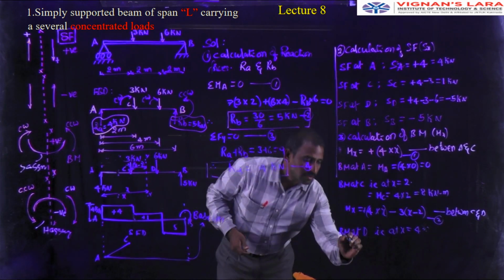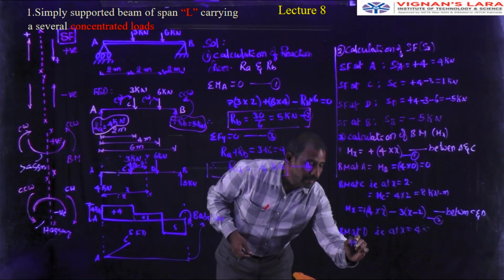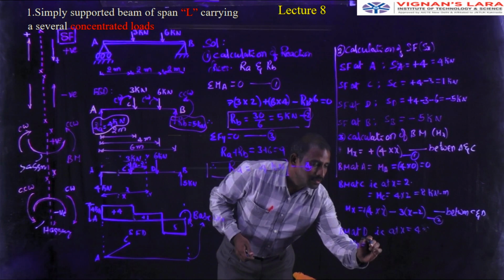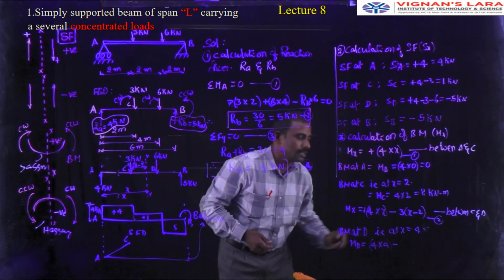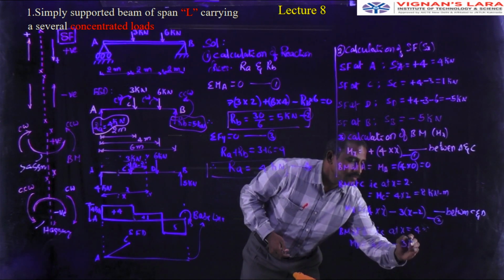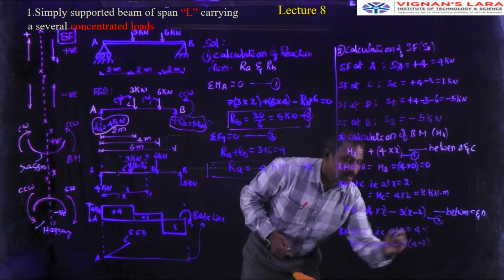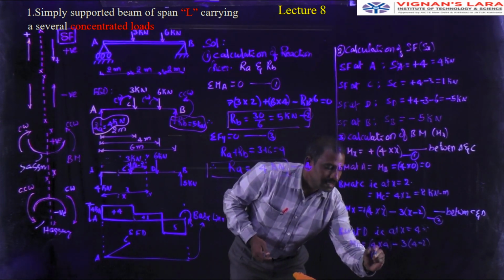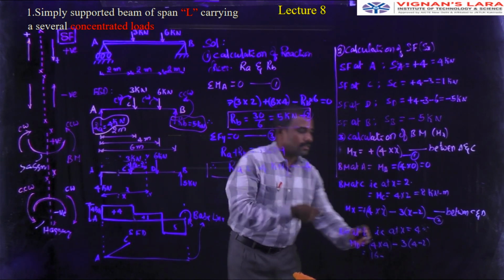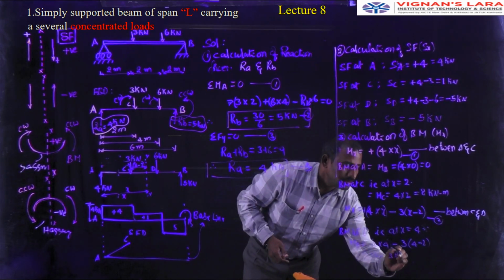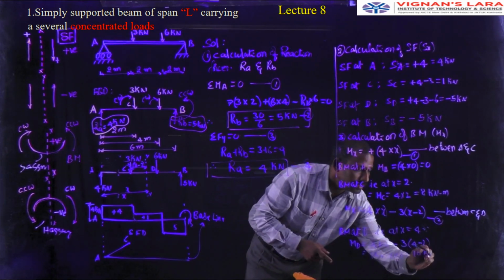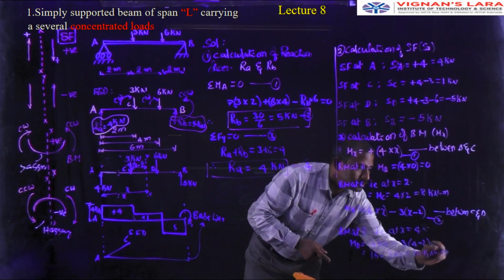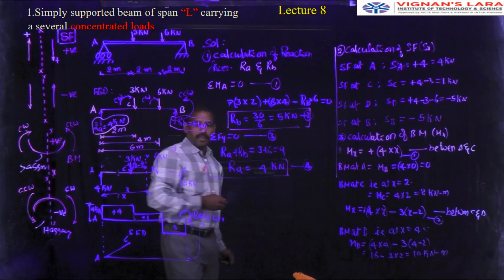So M_D is equal to 4 into 4, that is positive, minus 3 into (4 minus 2). So that is equal to 16 minus 3 into 2, that is equal to 10 kilonewton meter. So this is the bending moment at D.